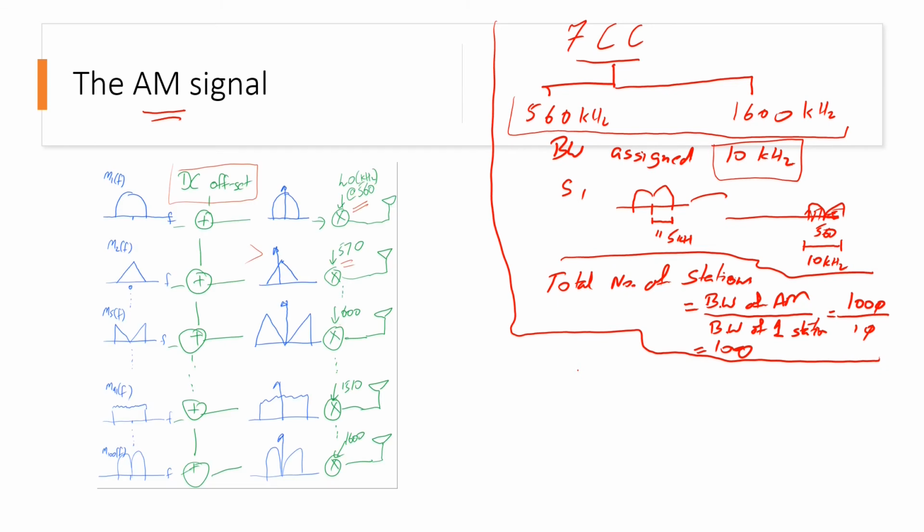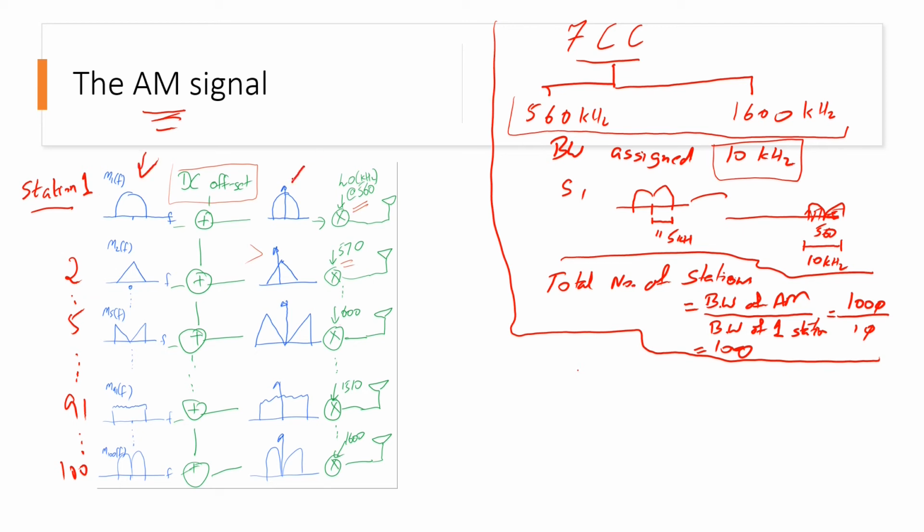Now let us see how we can transmit such a signal. So over here, this is our station 1, and then this is station 2, station 5, and so on, then station 91, the 100th station. Since we are dealing with AM, we are giving a DC offset to this message signal.